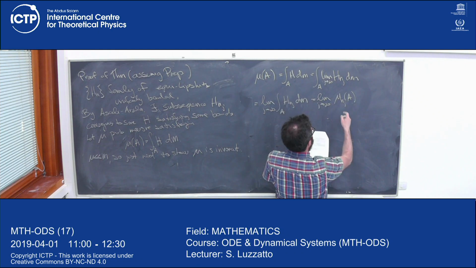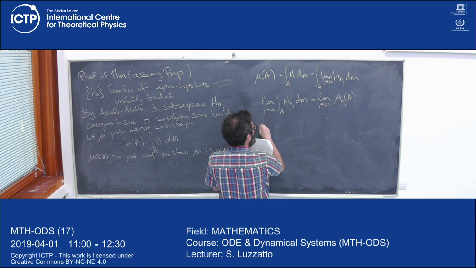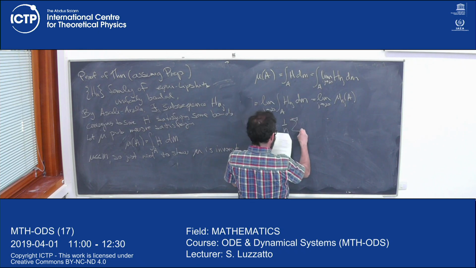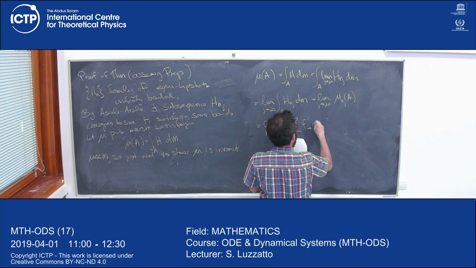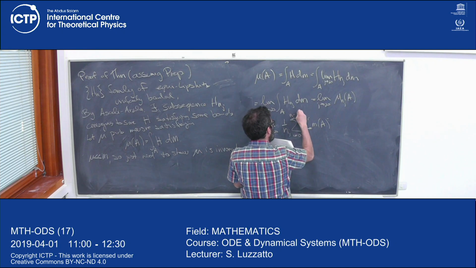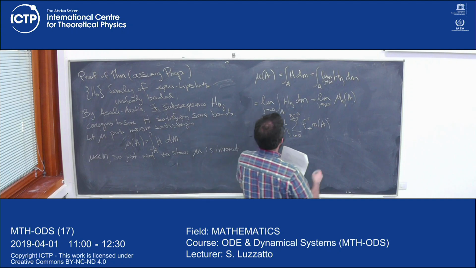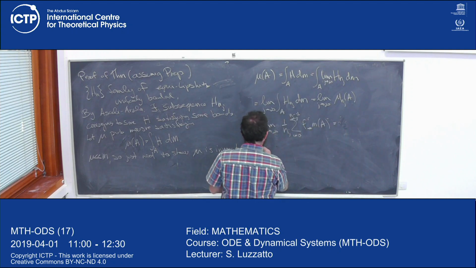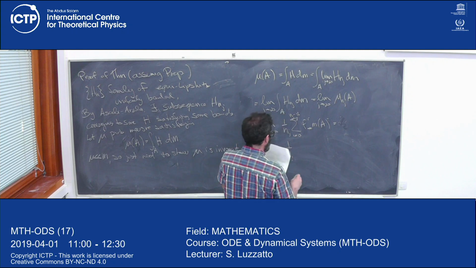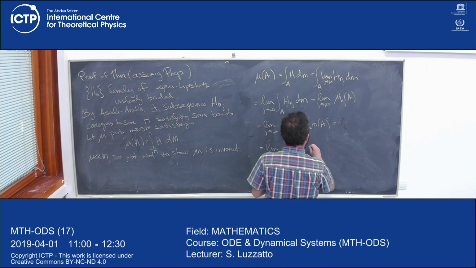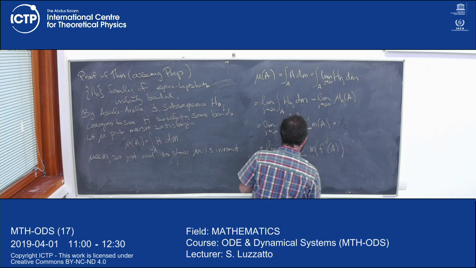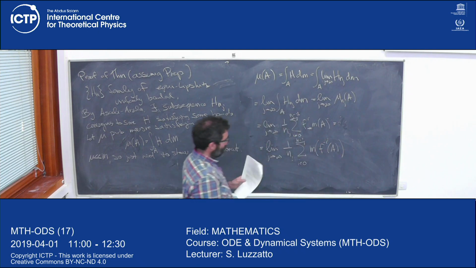According to the definition, this is equal to the limit as j tends to infinity of 1 over nj, the sum over i equals 0 to nj minus 1 of the measure of f star i applied to A. And this is equal to the limit as j tends to infinity of 1 over nj, the sum over i equals 0 to nj minus 1 of mu of f minus i of A.